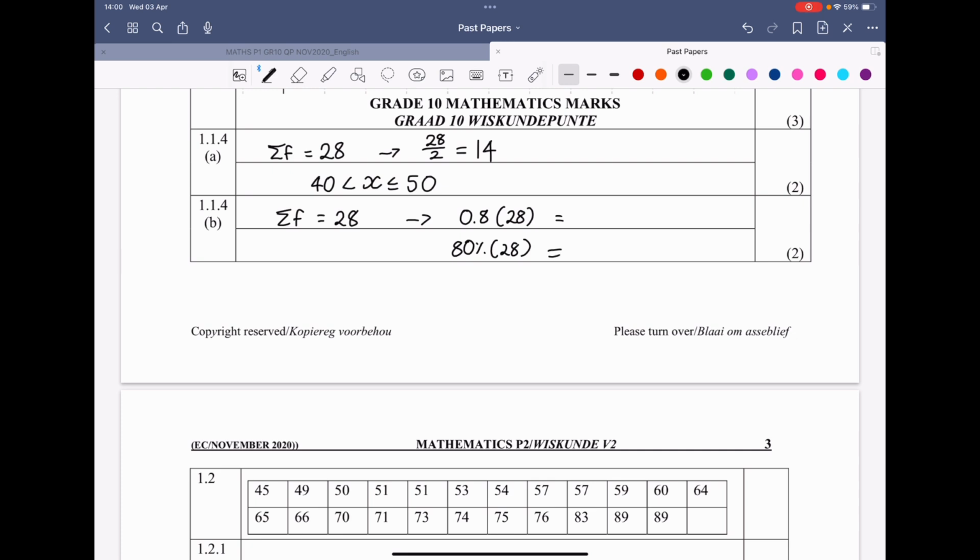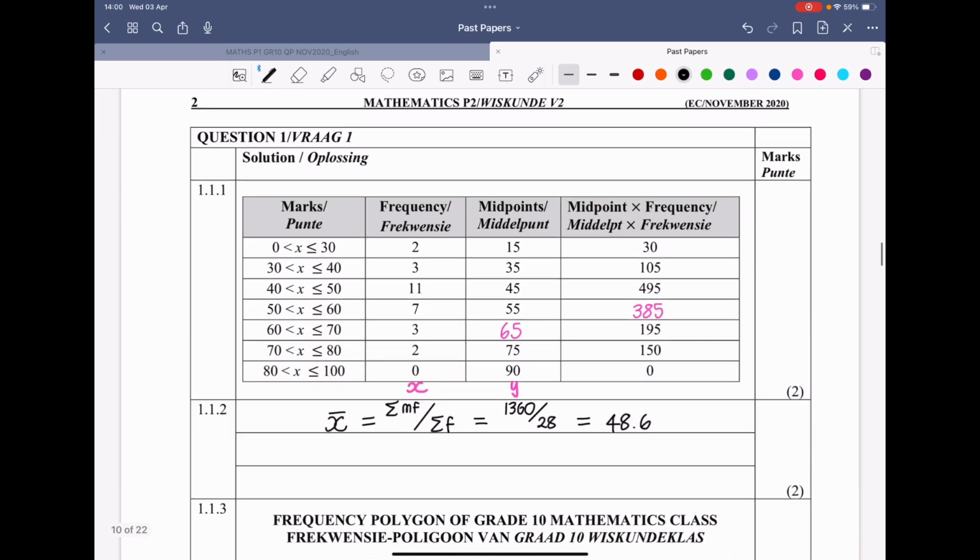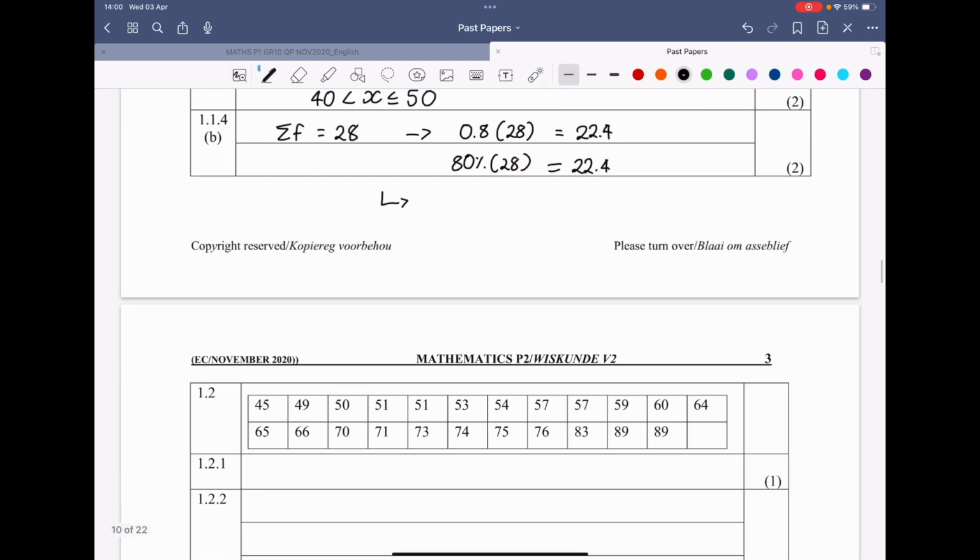Same thing, and that is equal to 22.4. And then it's asking which interval this number lies in, so I want to find where 22.4 lies. I go back to my information, and it looks like it lies in this interval. The 50, x is between 50 and 60.